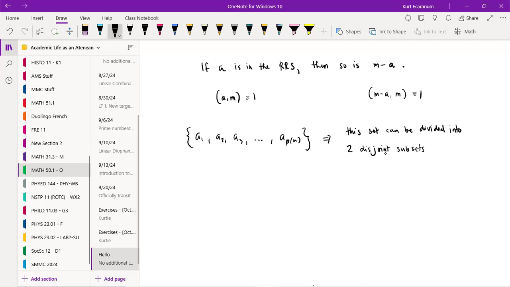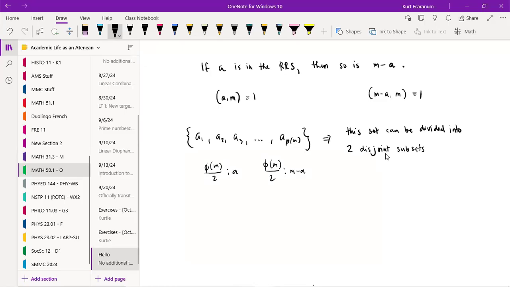And how would we divide this formally? So, suppose A counterpart sila, may phi of M over 2 na counterparts is A, and then phi of M over 2 na ang counterparts is M minus A. Yun yung sinasabi kong subset.